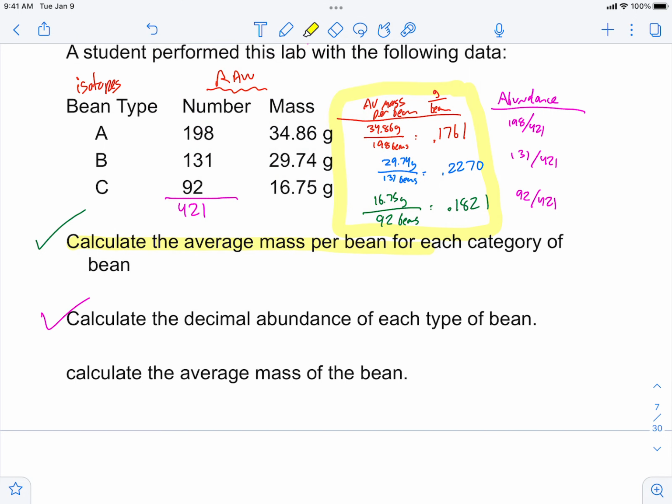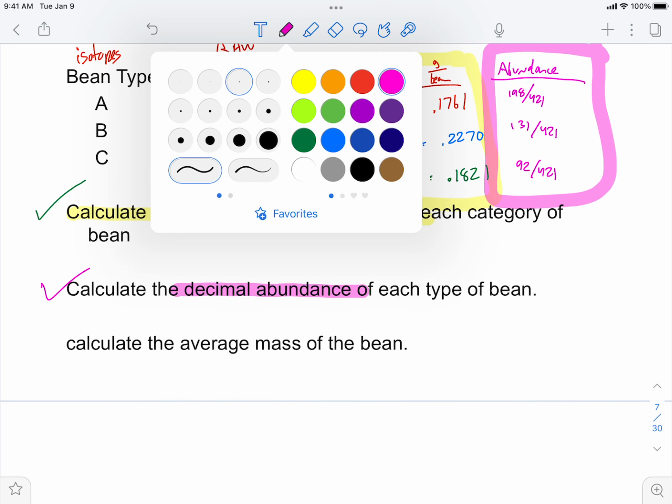I have my average mass per isotope. Now I can calculate the overall average mass. So let's go ahead and do that.